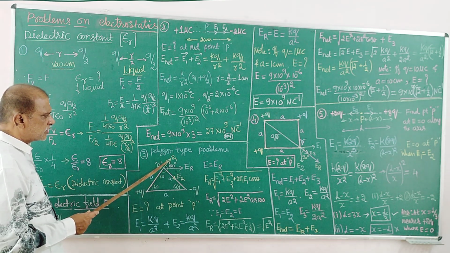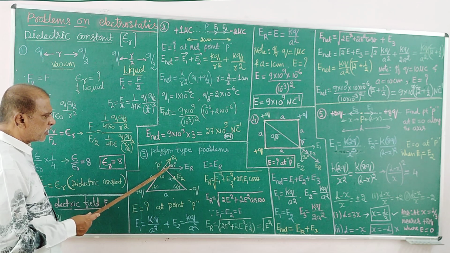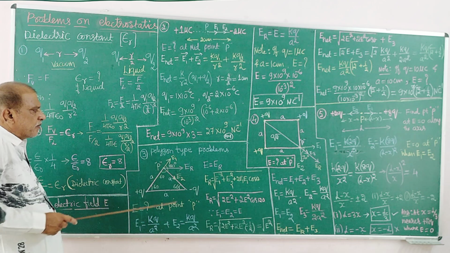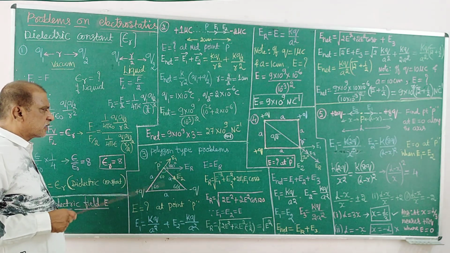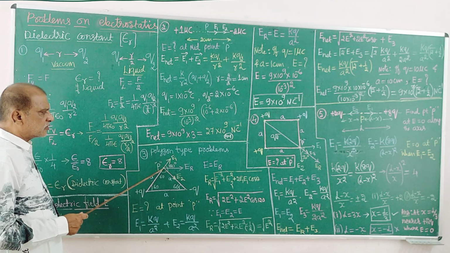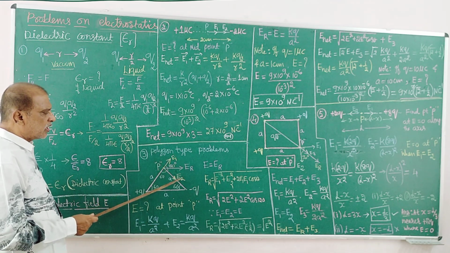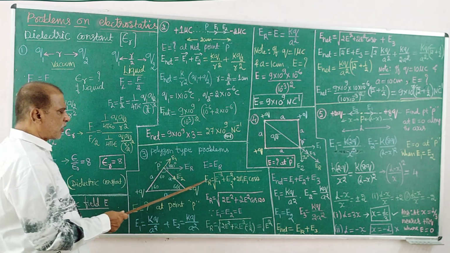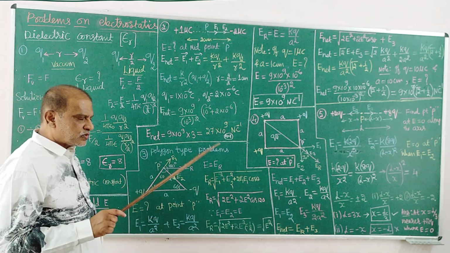The angle between this line and this line is 120 degree. The angle of separation between the vectors is 120 degree. So the net electric field at this point is the vector sum of these two electric fields. For the difference in angle, we use the standard formula, which I have used in the previous class.